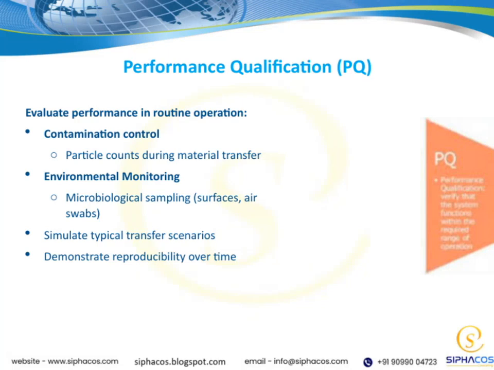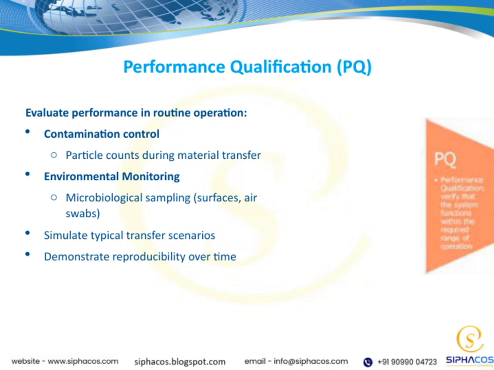Now, let's talk about performance qualification, or PQ, which is a critical part of ensuring our processes perform reliably in real-world conditions. During PQ, we evaluate how well the system functions during routine operation, focusing on key aspects like contamination control. This means monitoring for any unwanted particles or microbes that could compromise product quality.